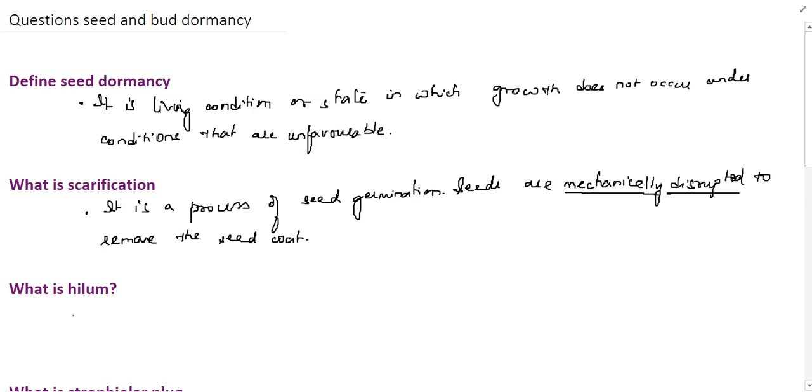Next is, what is hilum? If you have seen any seed, say for example gram seeds, you must have seen that there is a small pore-like structure, which is the route of entry of water. If you put this gram seed into water, through this pore only the water will enter.